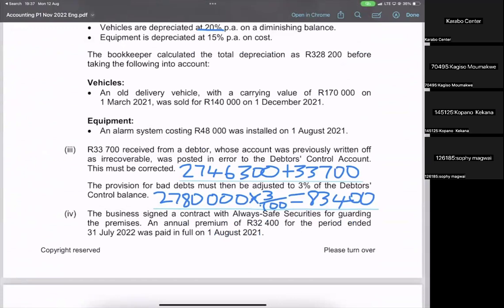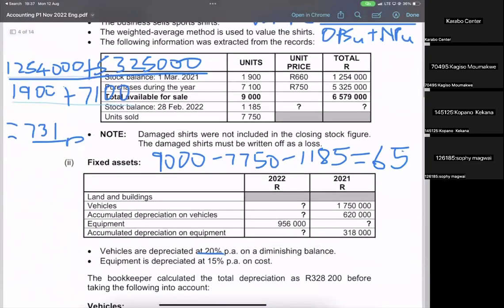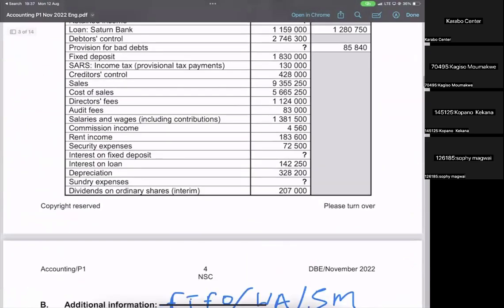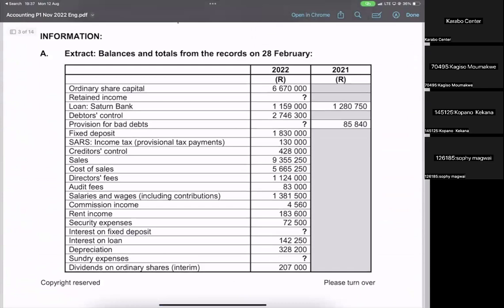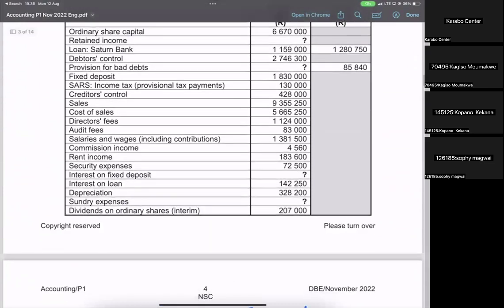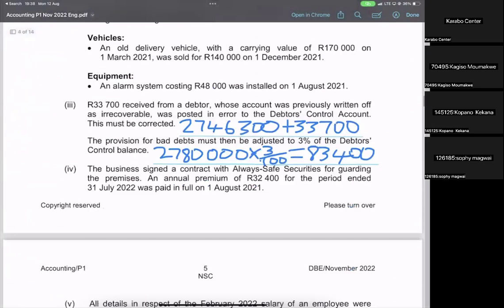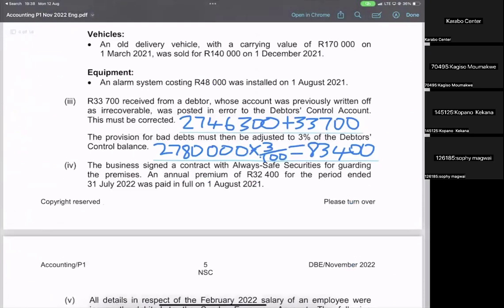So this will be provision for bad debts adjusted, and it will be recorded under the income section in the income statement, not under expenses, because we provided more.